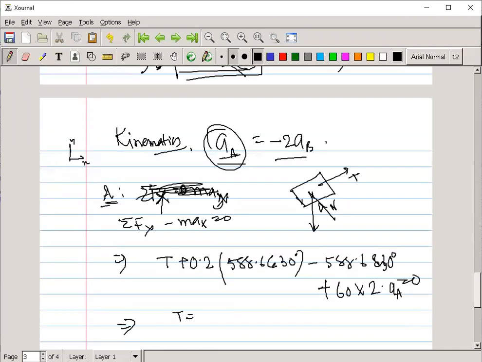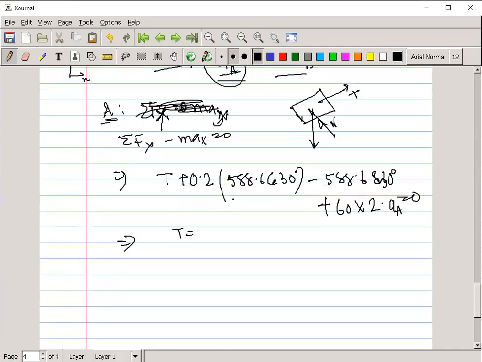Another statement is T is equal to this value, and here what we have to write is 0.2 of 588, just do this calculation, that is 118 into cos 30, 101.8 minus 588 cos 30.